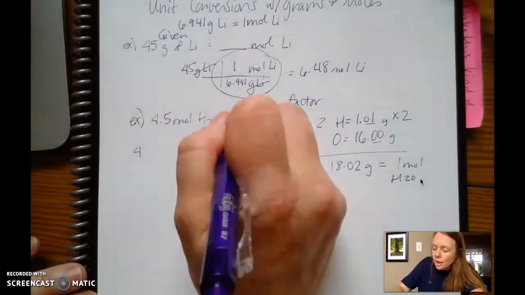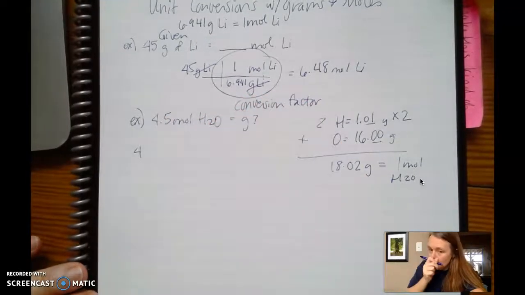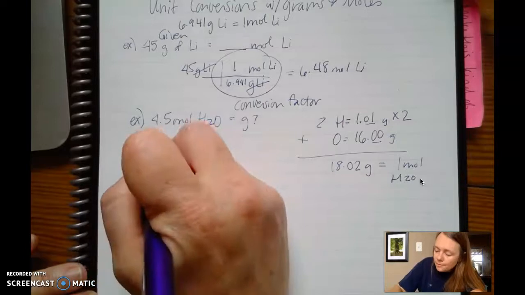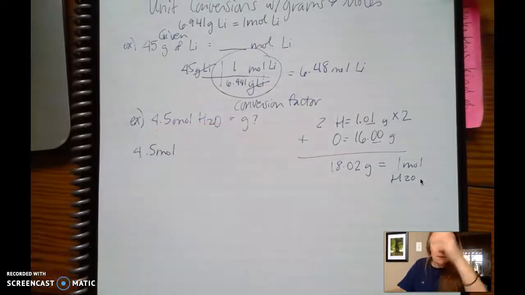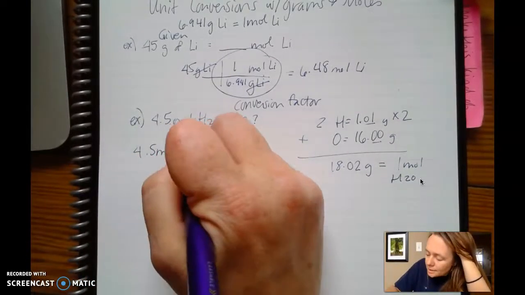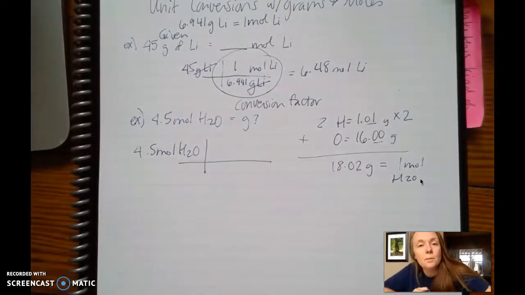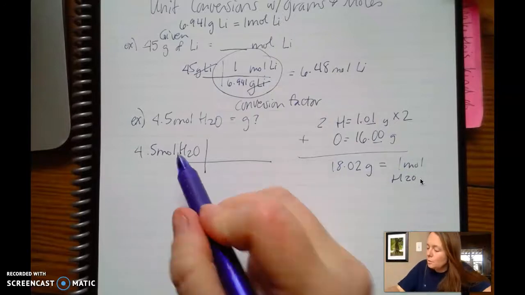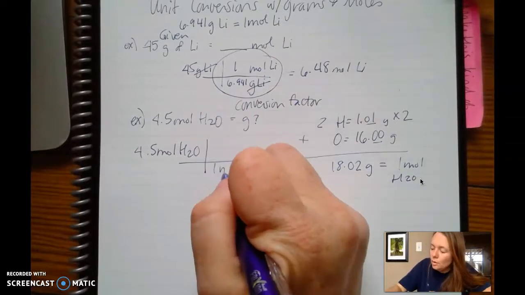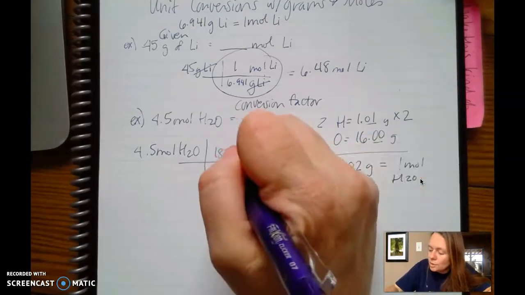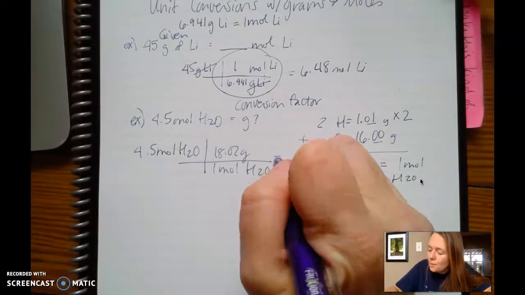So to figure out how many grams this is, we'll take our 4.5 moles of water that we started with, and what am I going to do this time? What goes on the bottom? Well, we started with moles, so you better put your 1 mole of water on the bottom, your 18.02 grams on the top.